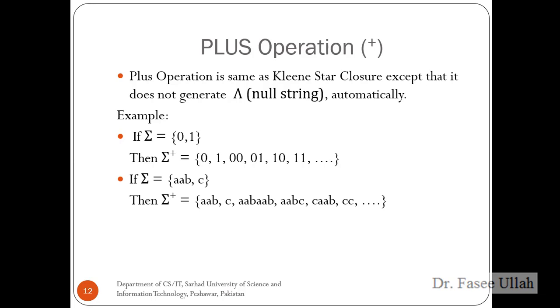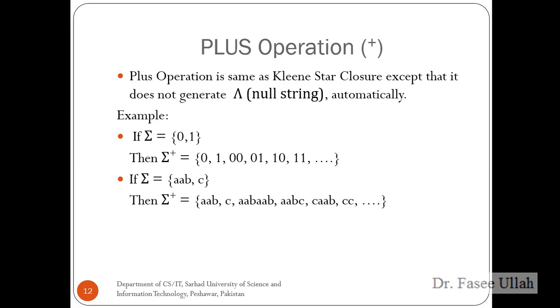What is the difference between the plus operation and the star operation? A very basic difference: in the plus operation, we do not use the null string or empty string, but for the star operation, we use the null string. This is the basic definition and difference. For example, we have a set of 0 and 1. If we implement the plus operation, we do not have the empty string.